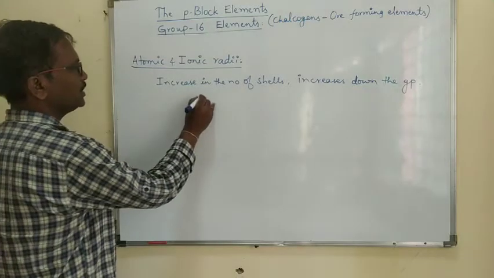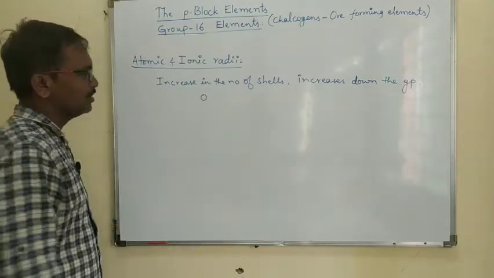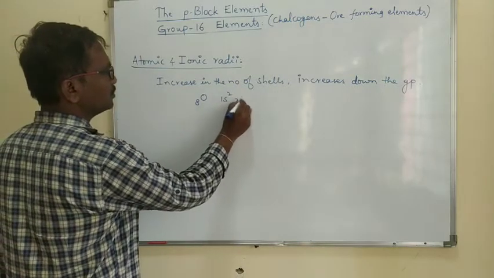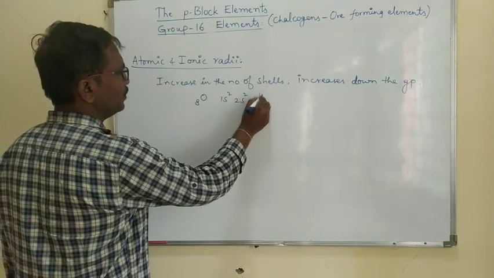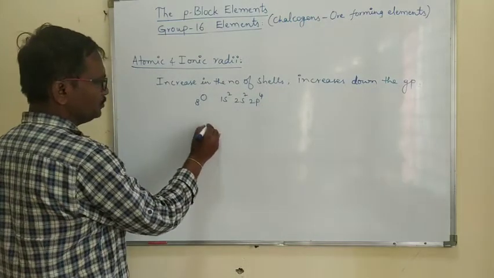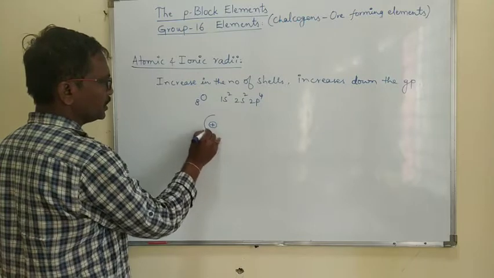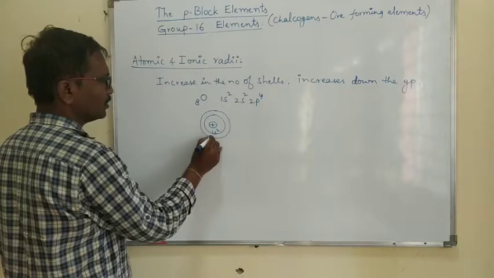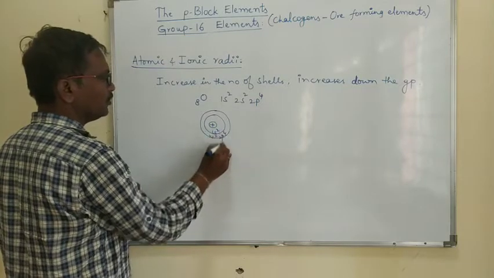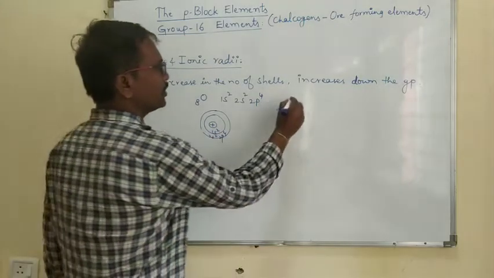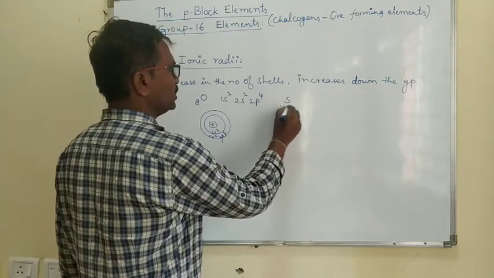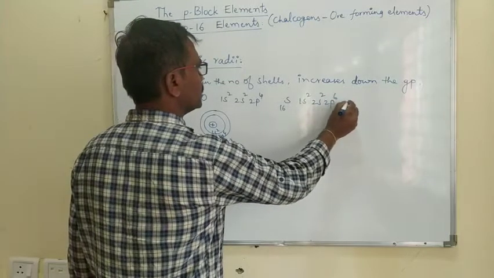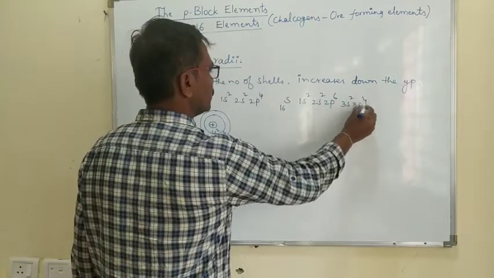Suppose you take oxygen. What is the electronic configuration? 1s2, 2s2, 2p4, right? This is the nucleus. If you go to sulfur, 16, the configuration is 1s2, 2s2, 2p6, 3s2, 3p4, right?